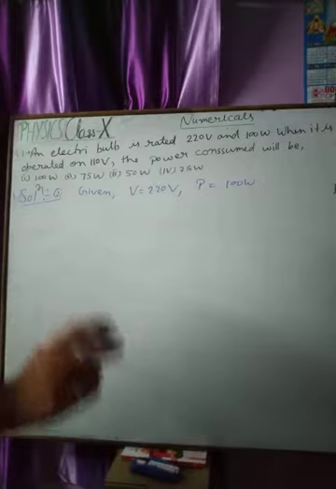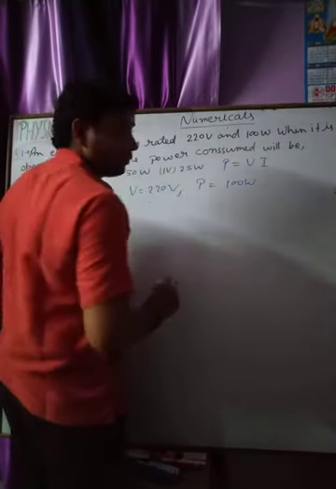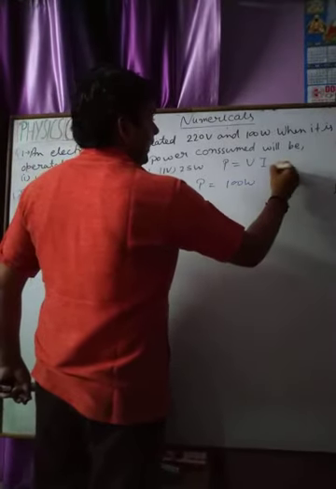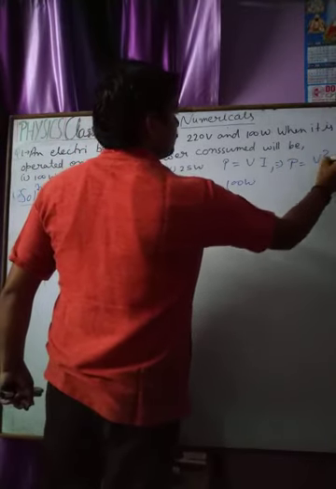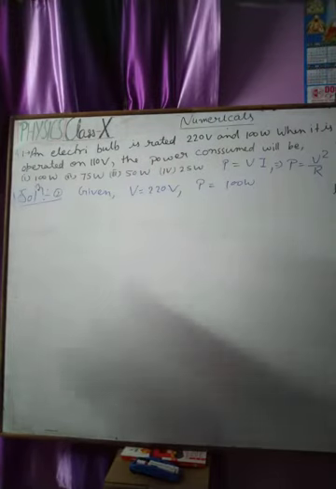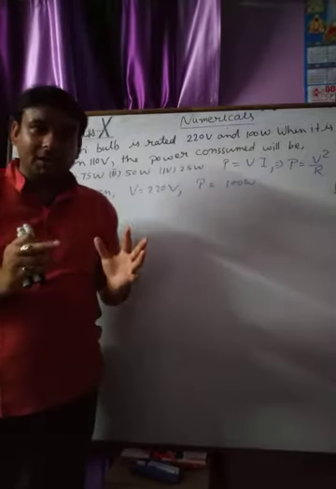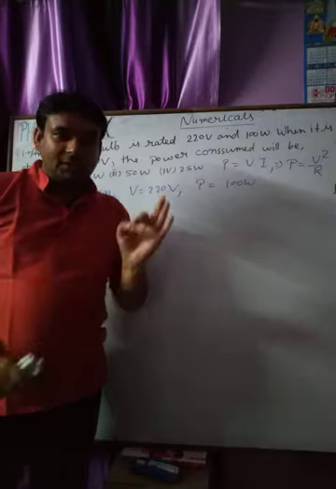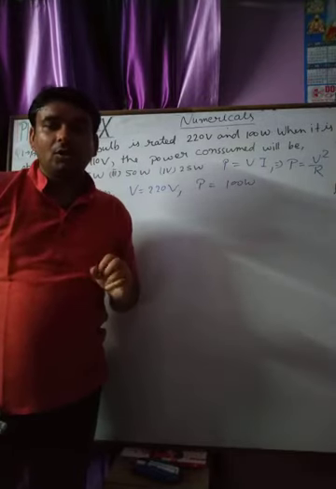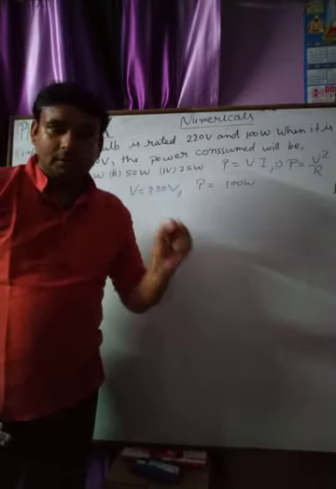Okay students, we have the formula P is equal to VI, and we have another formula in the form of resistance, P is equal to V square upon R. If we need to calculate the new power, first thing: when an electrical device is formed, there is one thing that is constant or conserved, which will not change under any other condition.